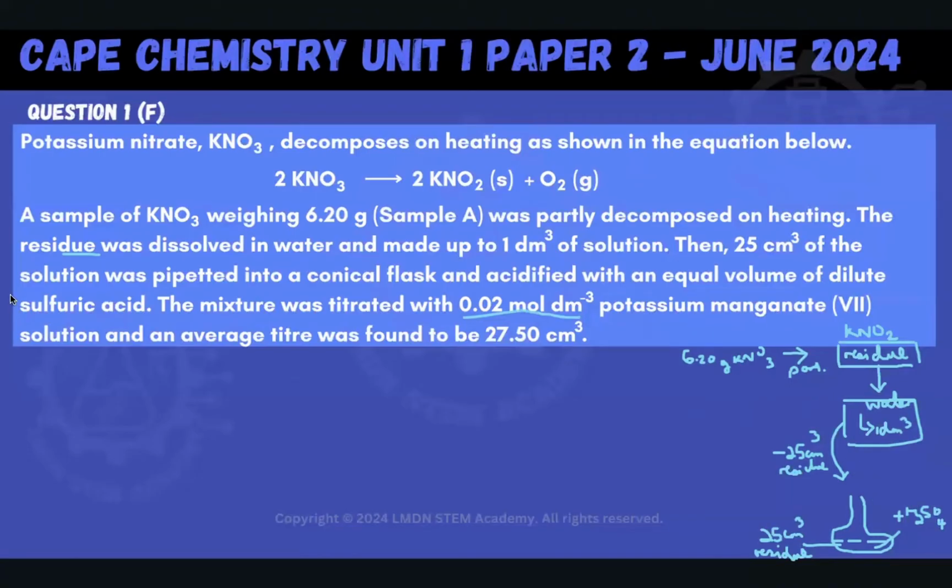So we're going to have a burette that comes into play once we're doing our titration. Now it's a little bit too far down in the conical flask, but you get the idea. We're going to have a burette going down in there, and from that burette, we're going to be pouring in our 0.02 mole per dm cube solution of KMnO4.